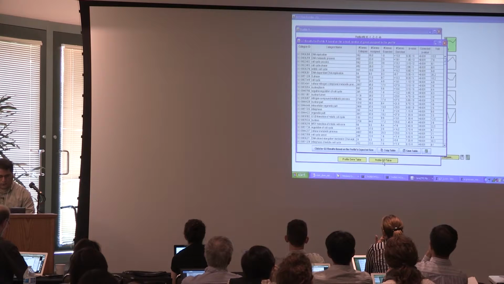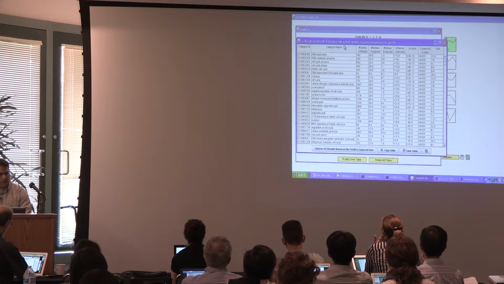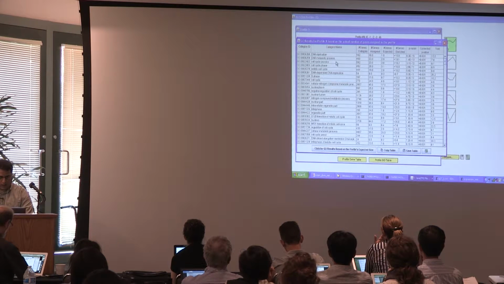And then what that'll do is it'll immediately bring up a gene ontology enrichment specifically for those genes that were assigned to this profile. So you can see it's pulling up a lot of cell cycle related categories. And it's telling you some statistics.